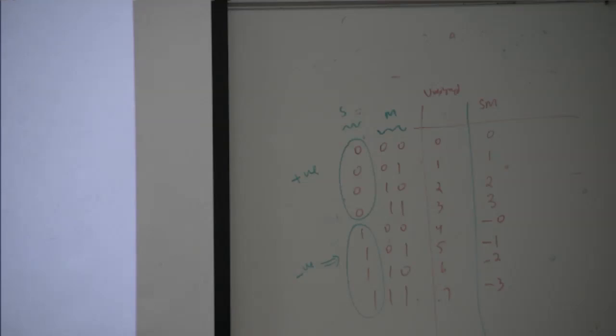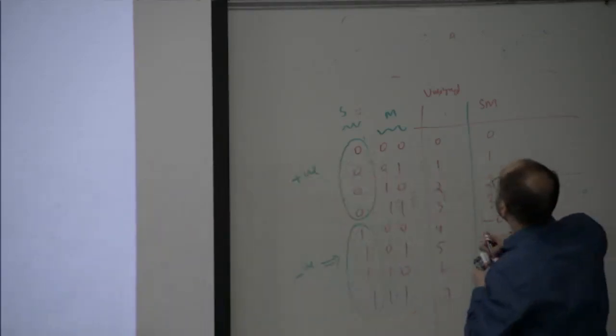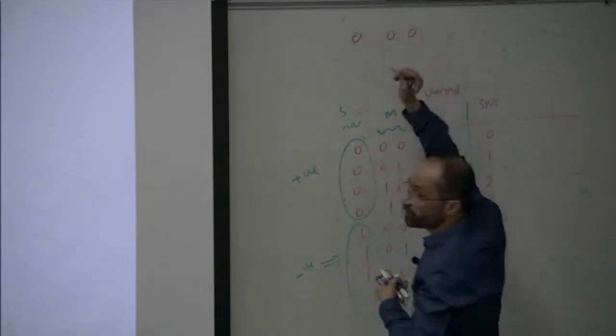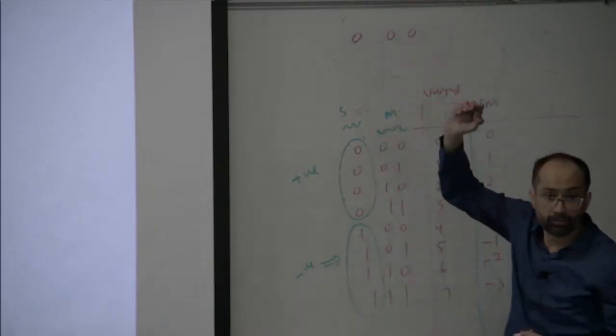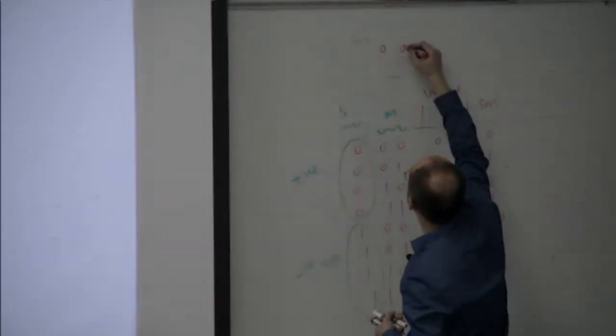Okay, now to negate a number with the sign magnitude, we just invert the sign bit. So let's assume this is a positive number, 000. Positive number or negative number? Positive number. Okay, now let's say we have 001.